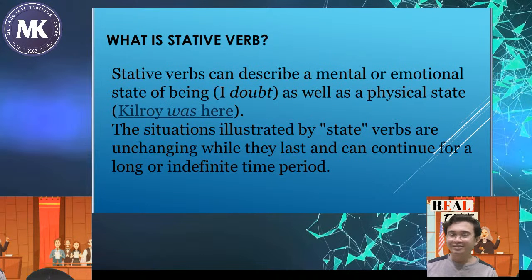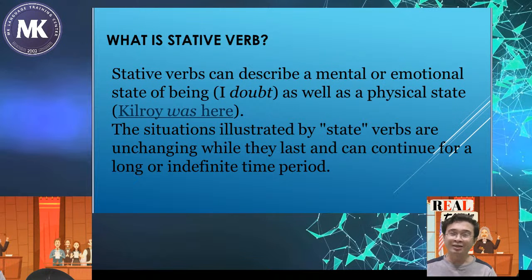Now for more information, stative verbs can describe a mental or emotional state of being. It means commonly a stative verb describes our thinking, our mental capacity, or how we think sometimes. And also our emotional state of being, meaning our current condition emotionally.